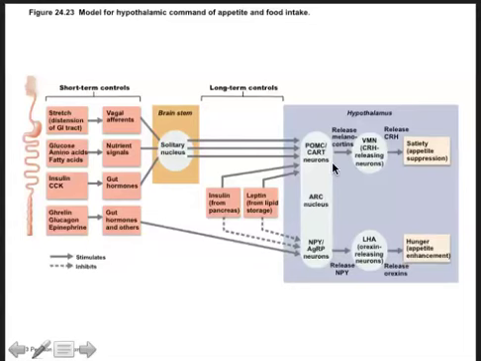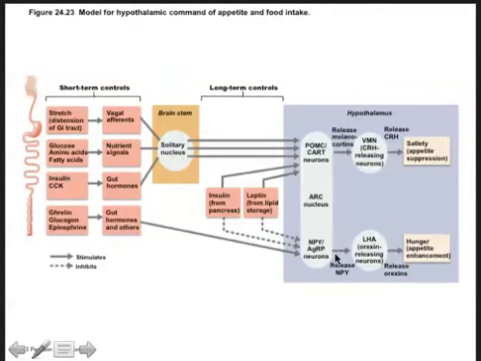What happens in the hypothalamus is that we have melanocortins that act now on these VMN neurons and basically trigger the satiety sensation. Satiety is the sense of feeling full.